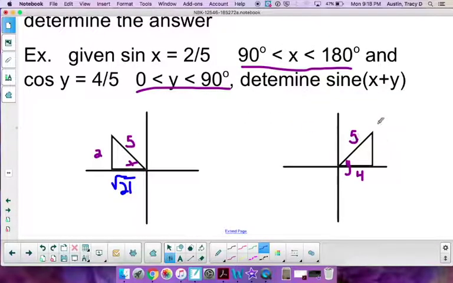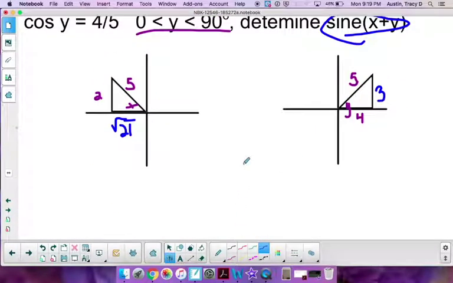Okay, and then for the other one, the cosine one, this one's a little bit easier. Something squared plus 4 squared equals 5 squared, so 25 minus 16, 9 in this case, which means your missing side is 3. So now all we have to do is remember what our sine addition formula is, and it's pretty much plug and chug at this point.